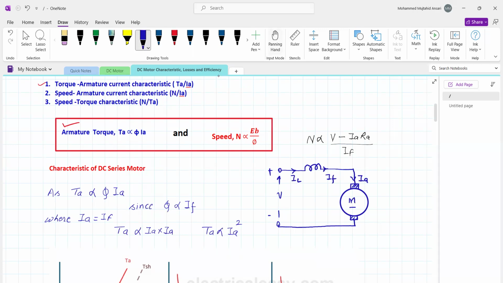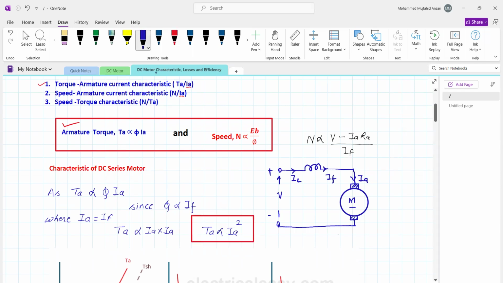So as long as the field is unsaturated, the flux is proportional to the armature current or field current, and hence torque is directly proportional to square of current.